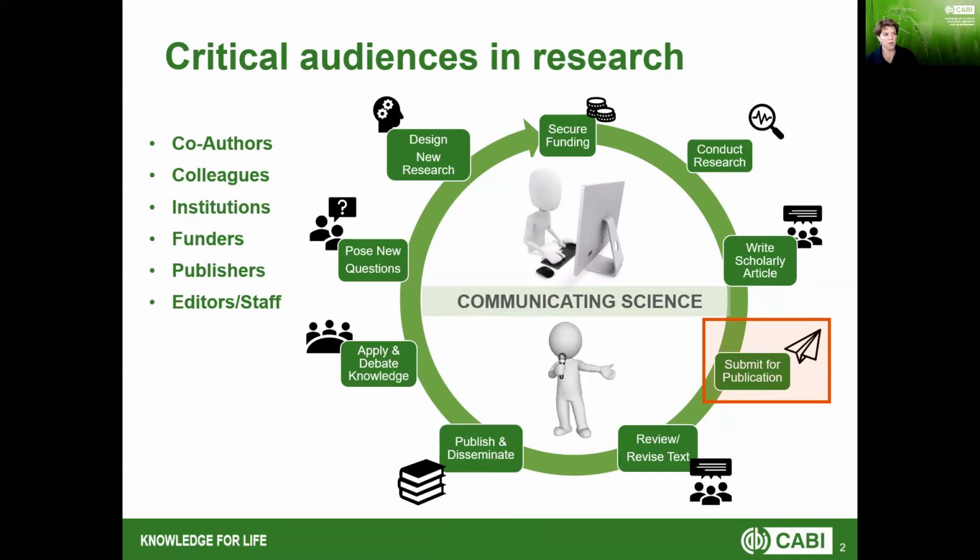Things like ORCID IDs, these are the persistent identifiers for individual authors, and they may have requirements also for data sharing or other specifics of that kind. You need to have all of those in mind when you are preparing those final materials.